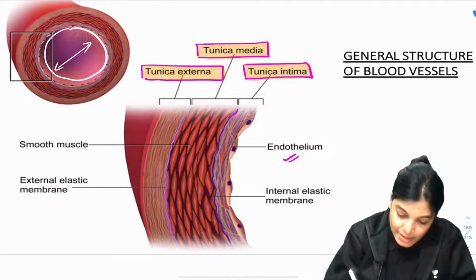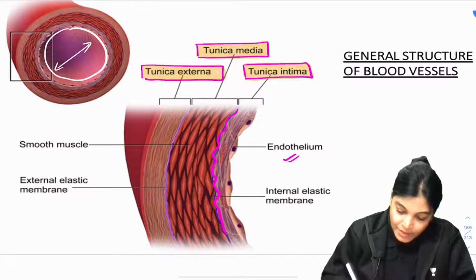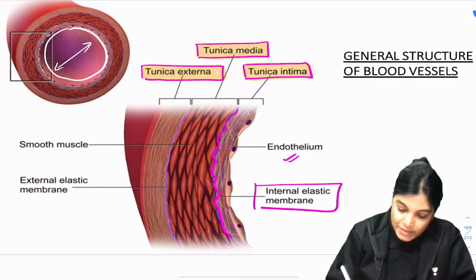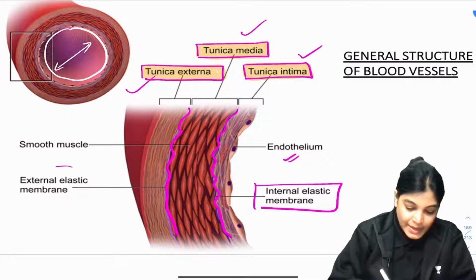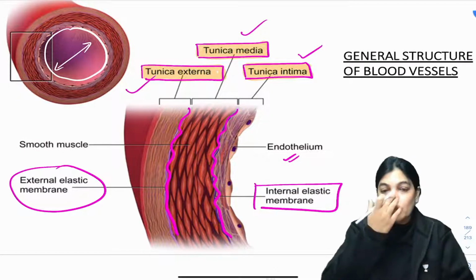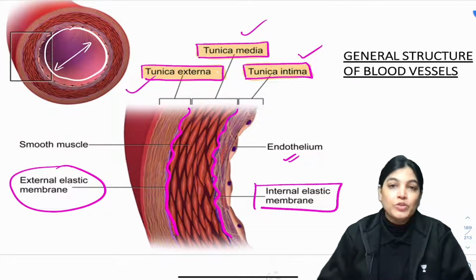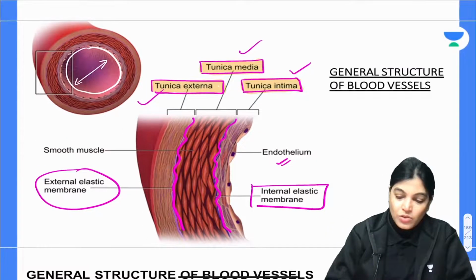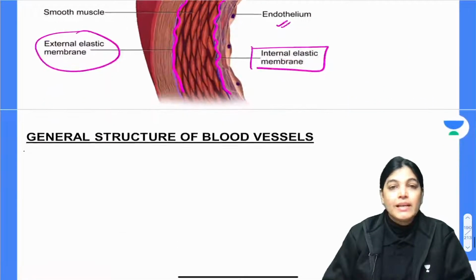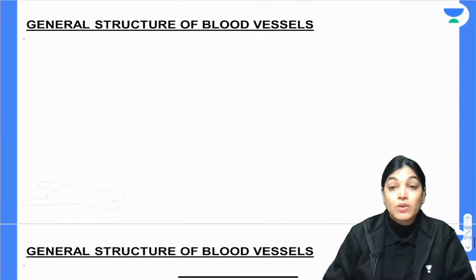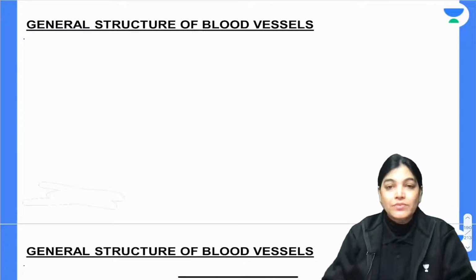Can you see, this is an internal elastic lamina which is separating tunica intima from the media, and tunica media is separated from the externa by the external elastic lamina. So these are 2 layers which are separating the 3 layers of the blood vessel. So let's talk about the general feature of blood vessel, and then we will go with the individual aspect of the great vessels and veins.